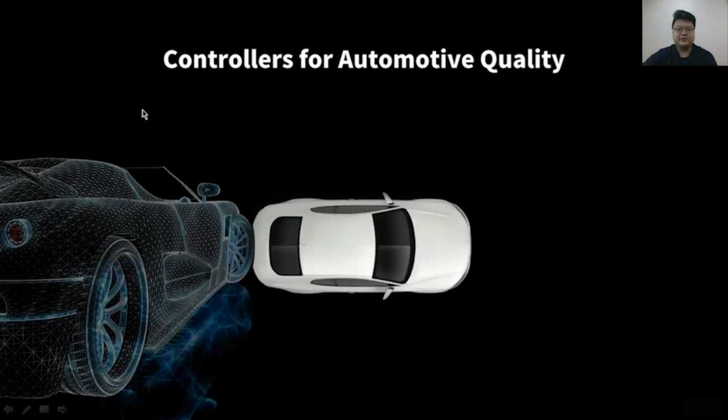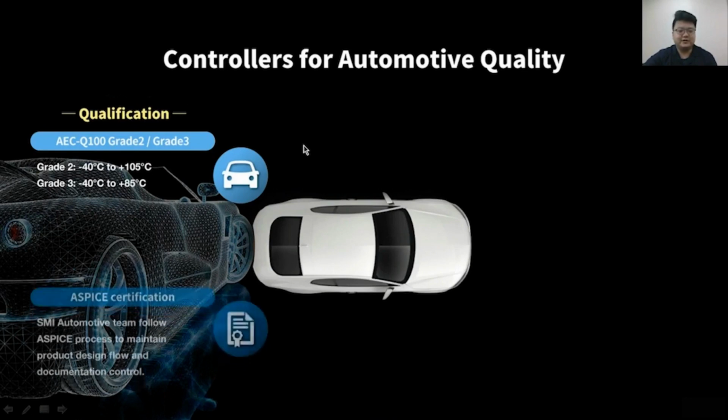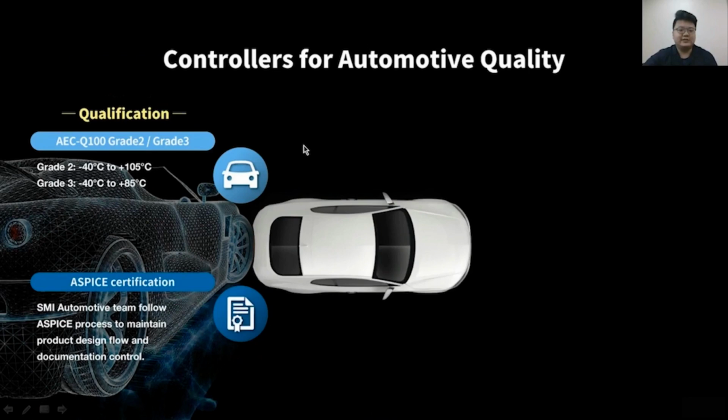In order to meet automotive quality, we have several qualifications and certifications. As I mentioned before, all of our products are AEC-Q100 certified with Grade 2 and Grade 3. And we also have SBIS certification, which means our process flow follows the SBIS rules.